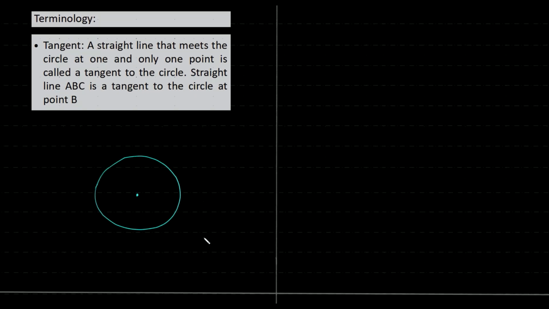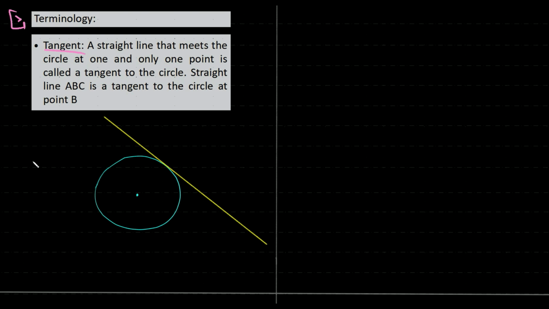Then we have a terminology that we need to know, that is the word tangent. So we are considering a circle. A tangent is a line which touches the circle at a particular point, at a single point.